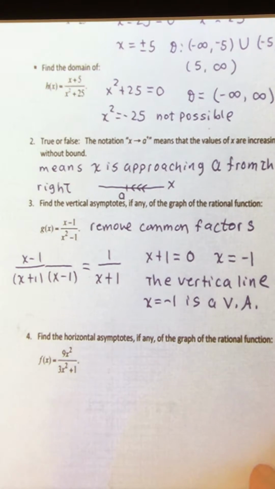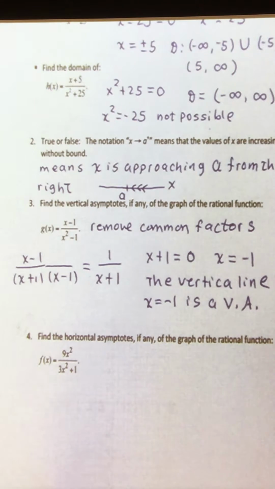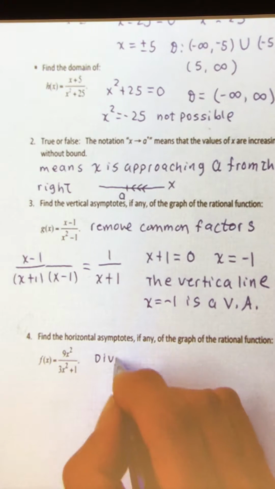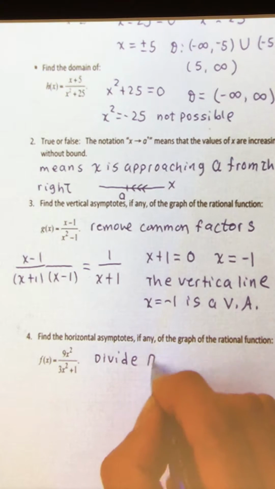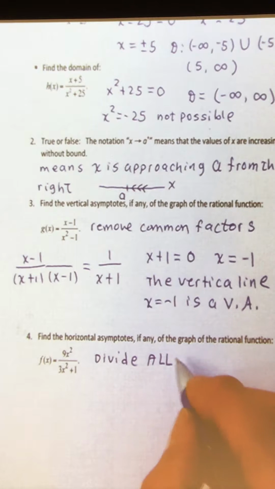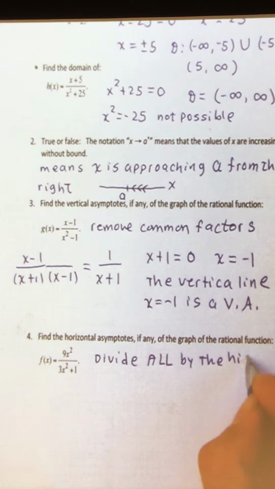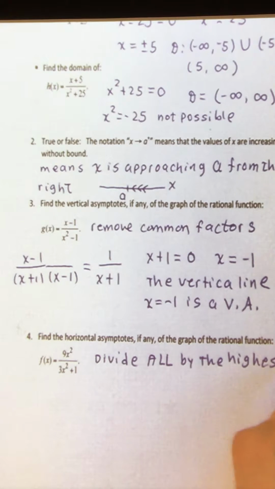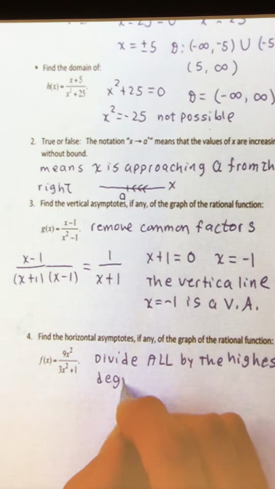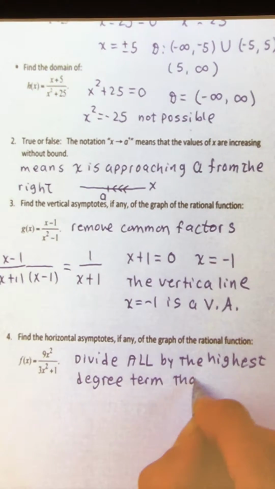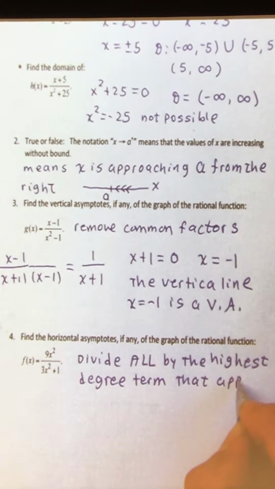Problem 4. Find the horizontal asymptotes for the function f of x. Okay, here what we're going to do is divide all terms, numerator and denominator, by the highest degree term that appears in the denominator.